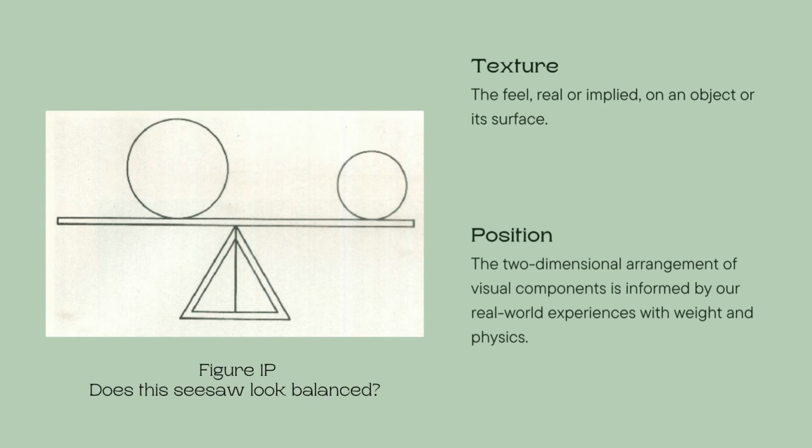Then we talk about texture. As you know, a rough texture has an uneven pattern of light highlights and dark irregular shadows. So, for this reason, a rough surface attracts the viewer's eyes more easily than a smooth, even surface.